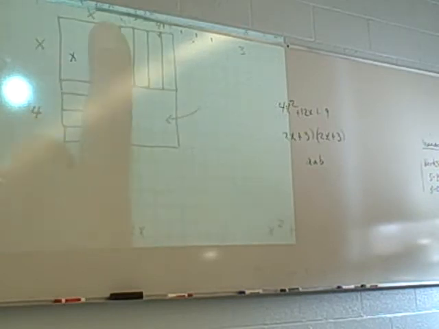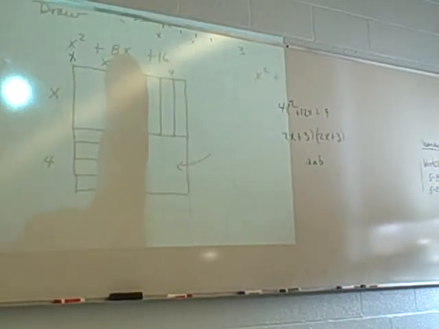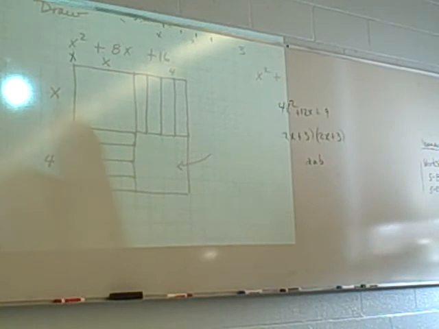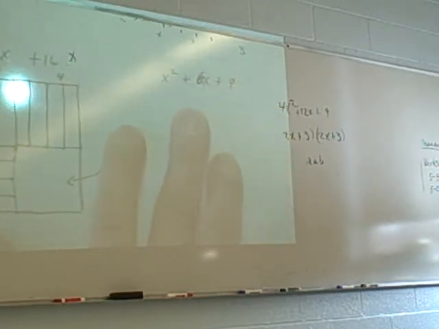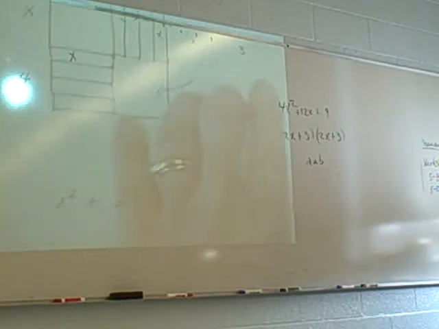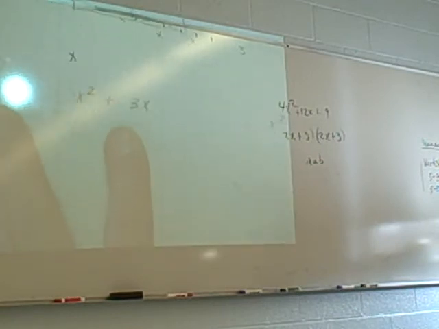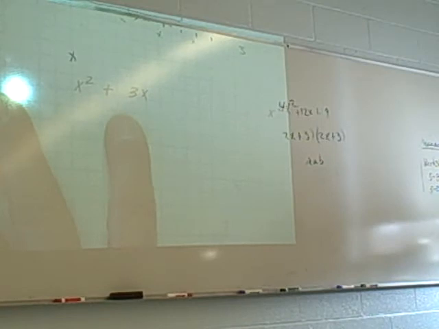In this term, I realized that when I have a square number, this is always going to be half of the middle term. In this one, you told me that the dimensions were going to be an x plus 3. Is it half of the middle term? Yeah. In this case, what will the dimension have to be? 1.5.